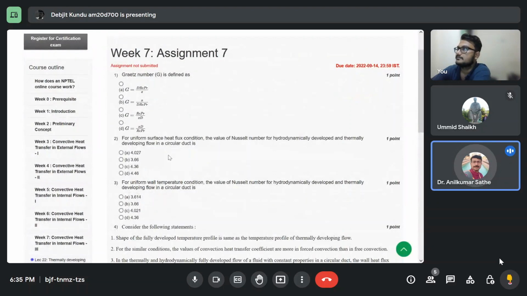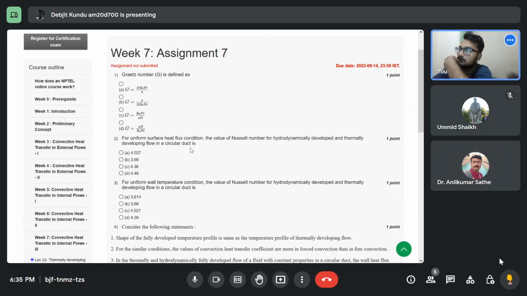For uniform surface heat flux, the value of Nusselt number for hydrodynamically developed and thermally developing flow in a circular duct is. Now, see, what does logic say? Uniform surface heat flux condition for hydrodynamically and thermally fully developed flow, the answer is 4.36.